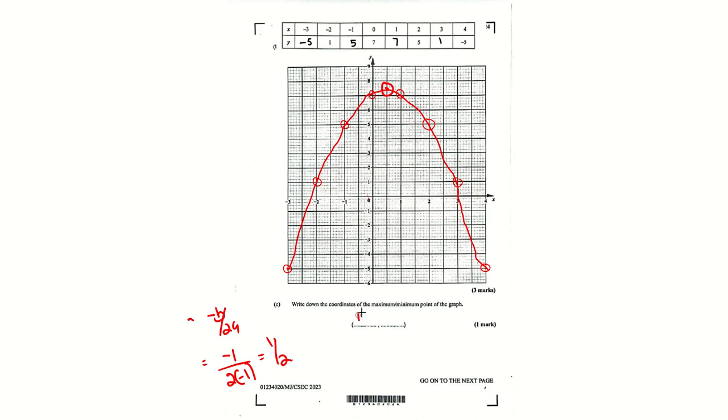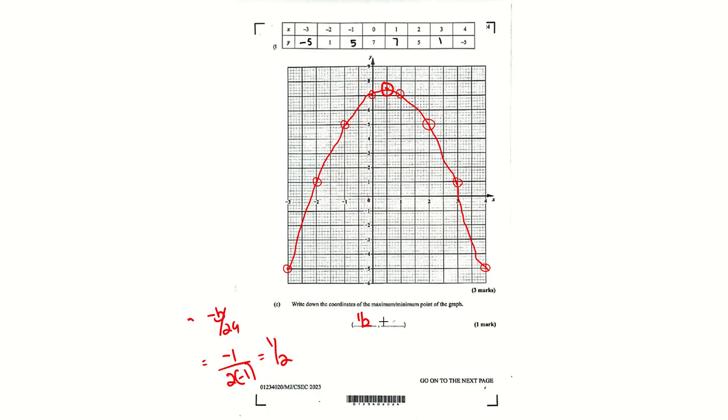So that's a half, which is true. If you go down there, that's a half between 0 and 1. And then you substitute a half into the equation to get your y value. So I'm going to be minus (1 over 2) squared plus 1 over 2 plus 7, which would give you 7 and a quarter.